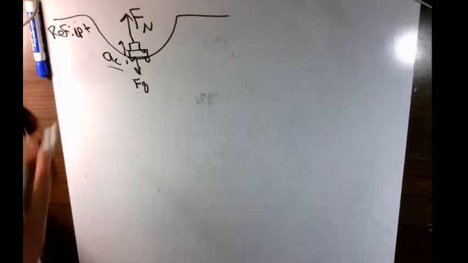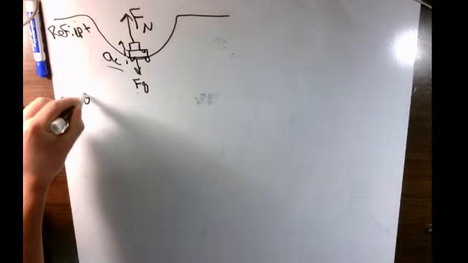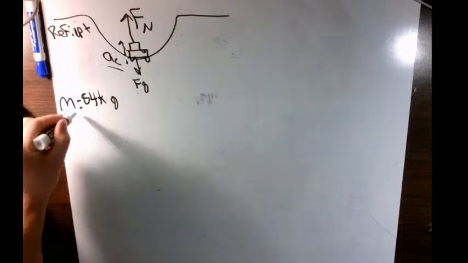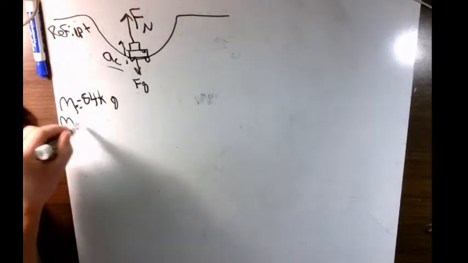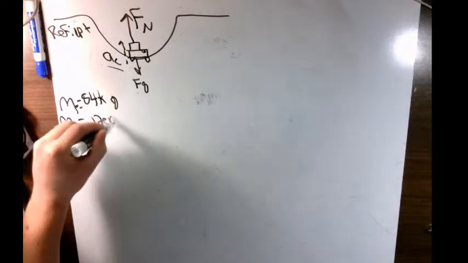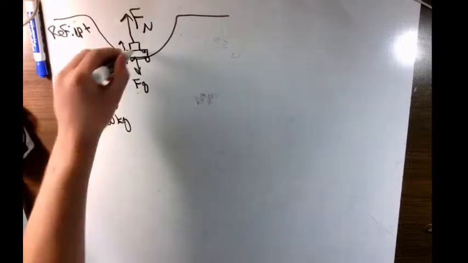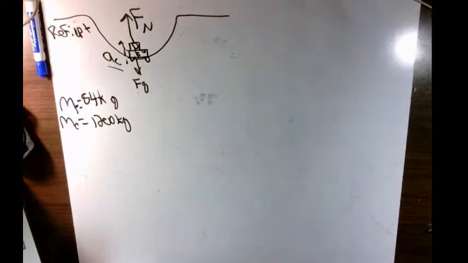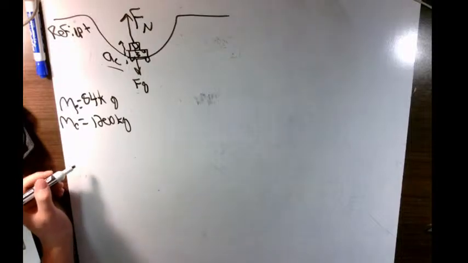So we've got a mass of a person of 84 kilograms. We have a car, so the mass of the car is 1200 kilograms. We've got our person sitting in the car, driving to the bottom.